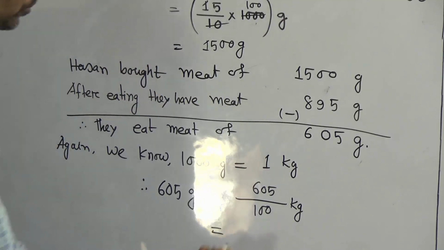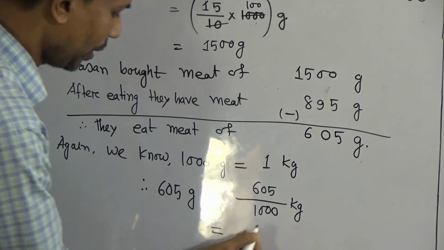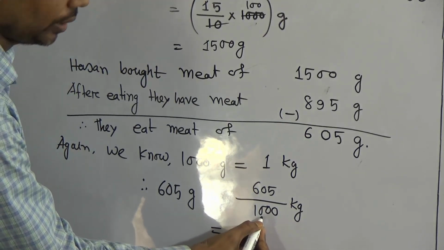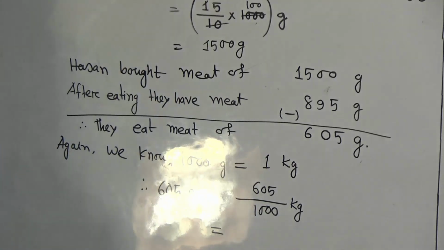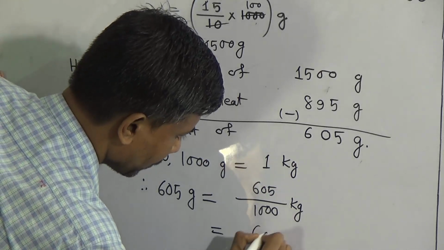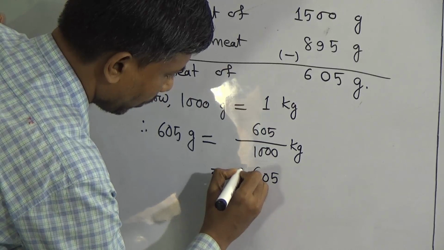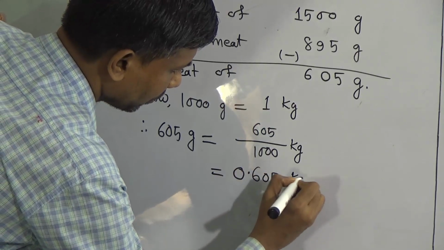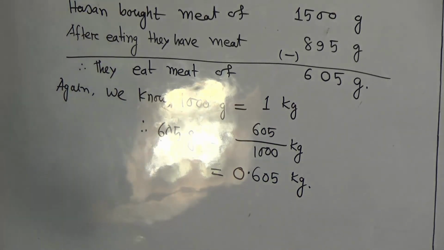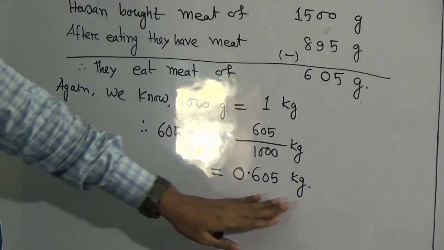Okay, divide now. You see here how many zeros? 1, 2, 3. So you have to put the point after 3 digits from right to left. Like at first 6, 0, 5, then 1, 2, 3. Put the decimal point here and 0. Okay, student. Now write the answer. How much kg? 0.605 kg.